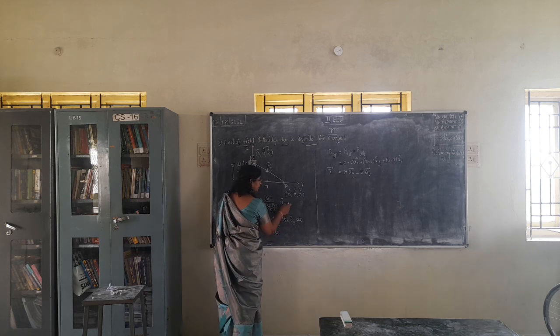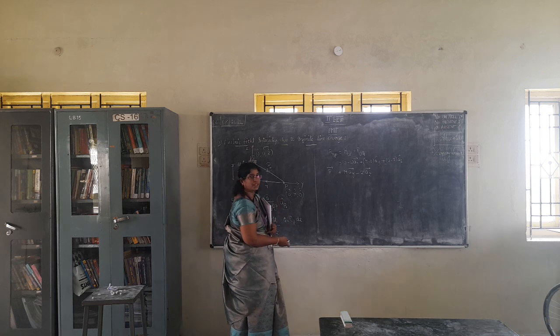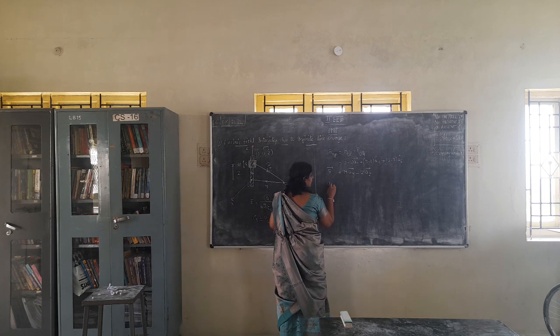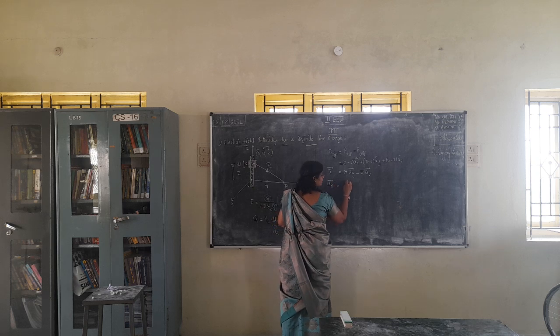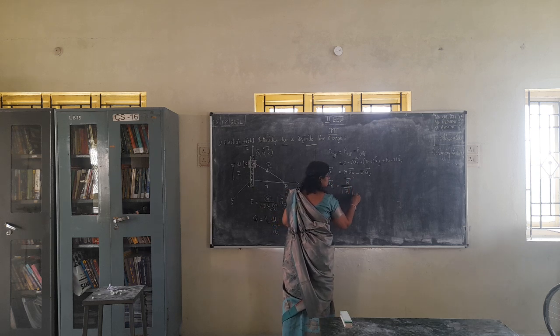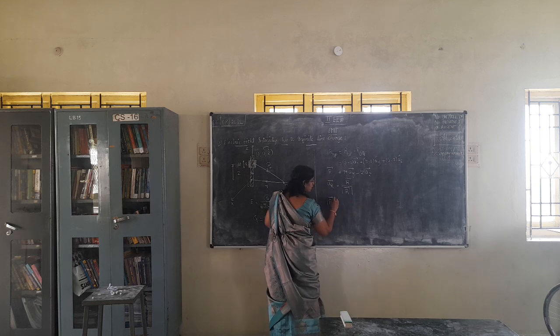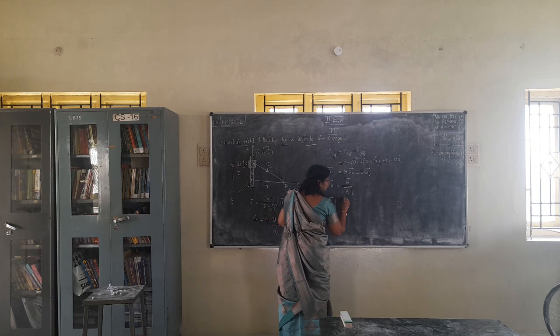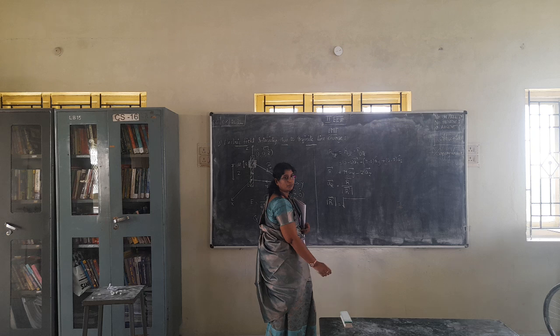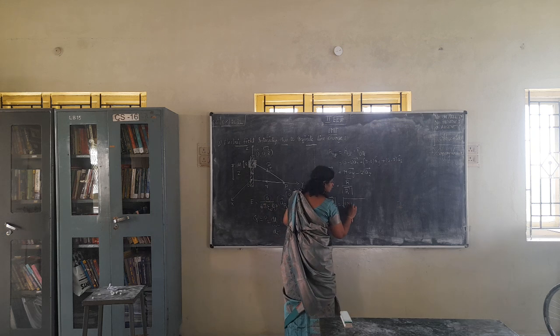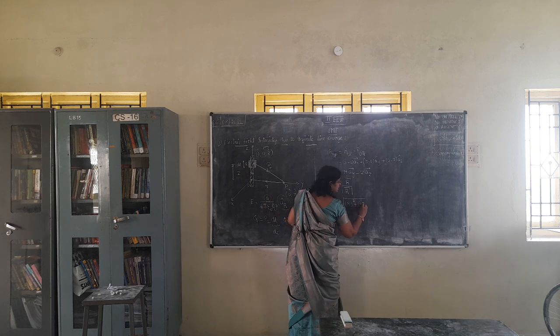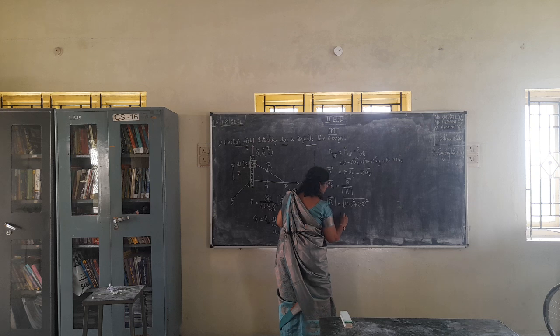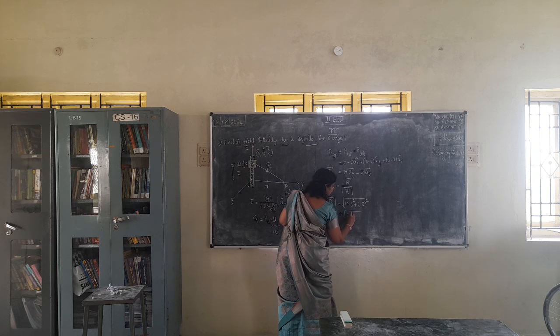After finding r vector, find your unit vector. The unit vector ar vector is r vector divided by the modulus of r vector. So we need to know the value of the modulus of r vector. The magnitude is the root of r whole square plus minus z whole square, so it is root of r square plus z square.